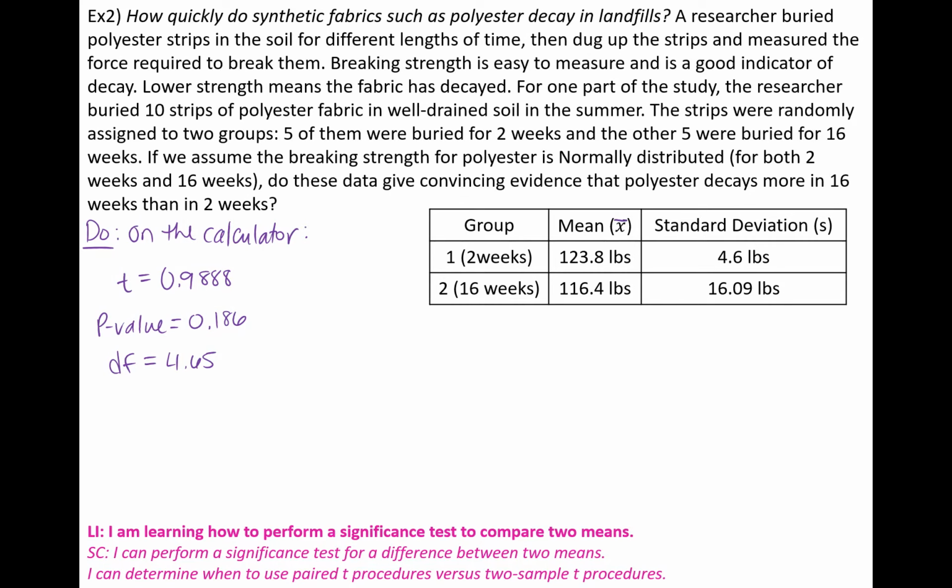Once I have those from my calculator, I'm going to go to my conclude step and wrap it up. So I have my p-value, which we got was 0.186. Then I'm comparing that to 0.05, which is my alpha, and that is greater than, which means we fail to reject the null hypothesis.